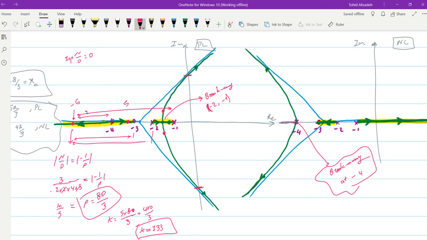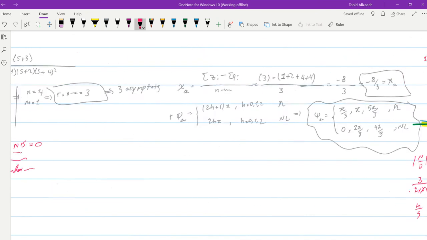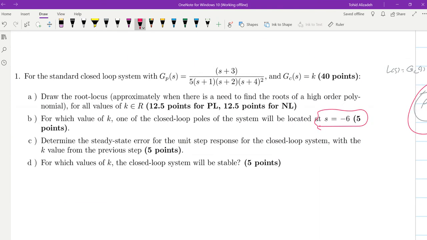If you replace rho with that value, you will have d plus rho n equal to 0. You have the value for rho. You know that one of the roots will be located at -6, and then you solve it, you find the other 3 poles. But that's beyond the question that we have here.